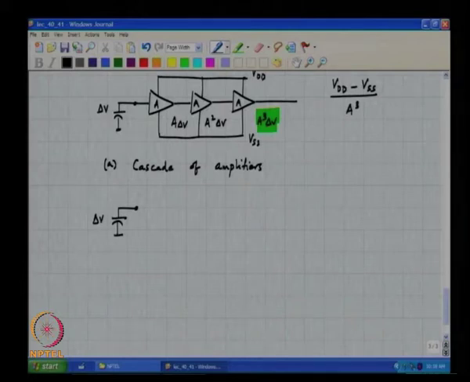As time goes along, if it was greater than 0, it will keep going up and up, hopefully eventually hitting the rail. Similarly, if delta V is smaller than 0, it will keep becoming more and more negative, eventually hitting the negative rail. So after a sufficient amount of time has elapsed, the output is either VDD or VSS. It is like in India where the rich keep getting richer and the poor keep getting poorer.